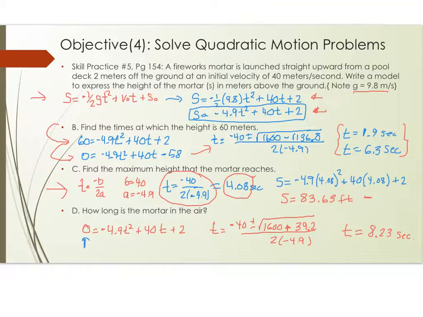When we put that into the quadratic equation, we get t is equal to 8.3 seconds. So the firework mortar that's launched takes 8.32 seconds to completely hit the ground after it's gone up in the air. So there's our problem for motion problems.